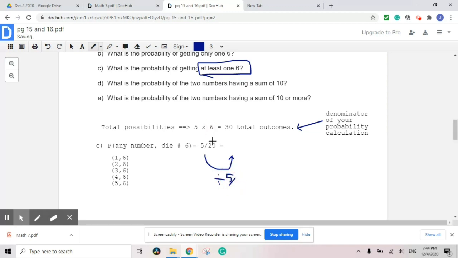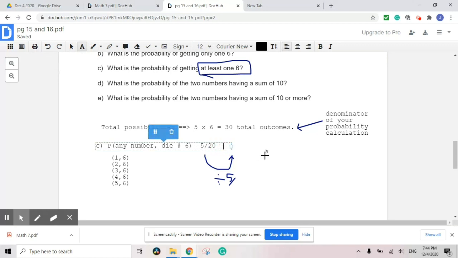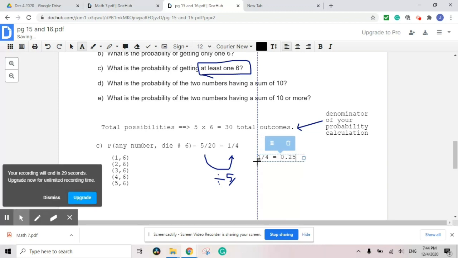If I divide by 5, then you will have 1 over 4. As you may notice, ladies and gentlemen, 1 over 4 is a common fraction. It's 0.25. That's a quarter. And if I multiply by 100, it's a 25% possibility.